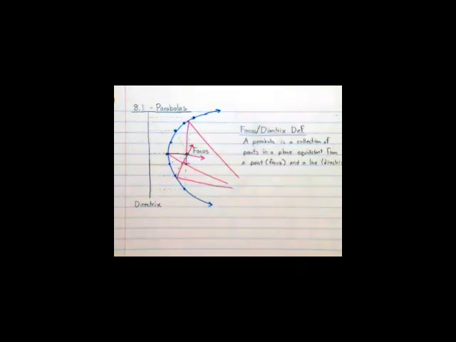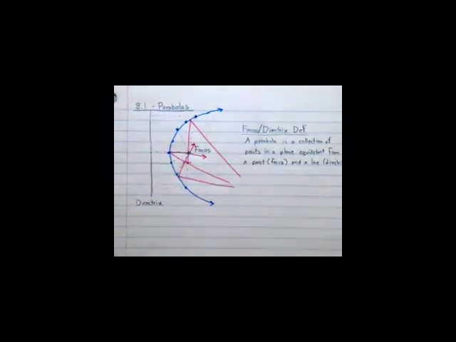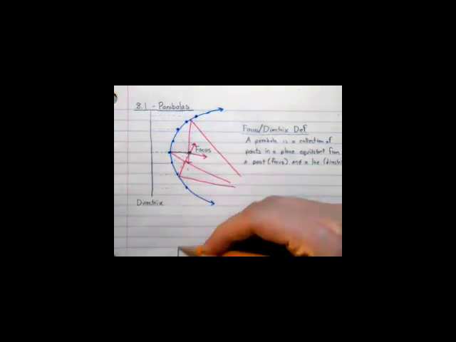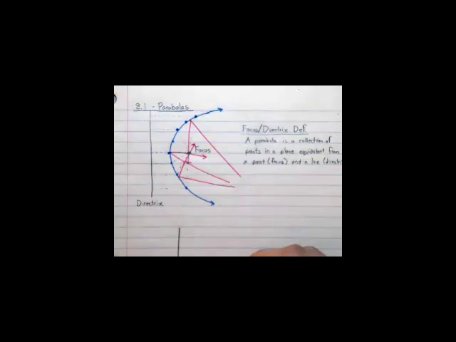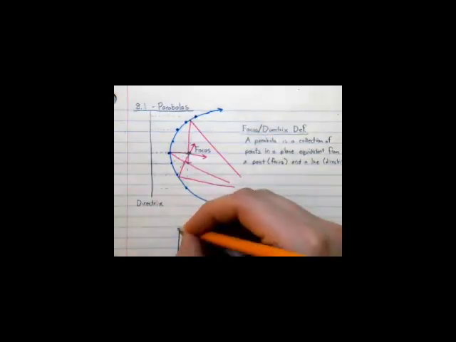equations of this stuff. Let's take a look at a particular parabola, one that's oriented in such a way that you guys are a little bit used to it. We're going to put this on the XY plane here.